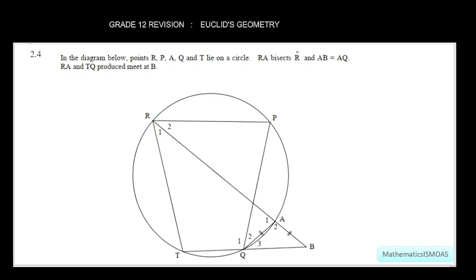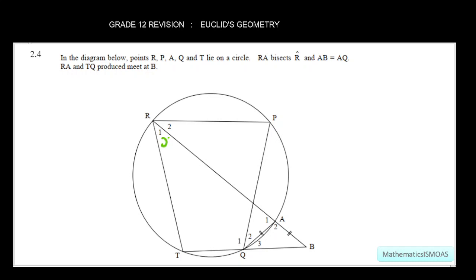RA bisects angle R, meaning angle PRT. Here is RA. Therefore, this means angle R1 will be equal to angle R2.